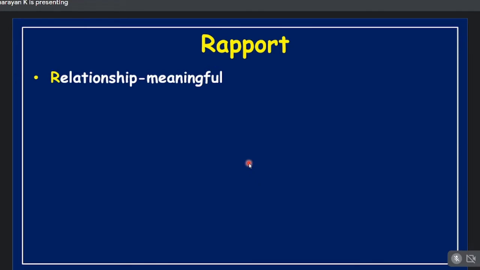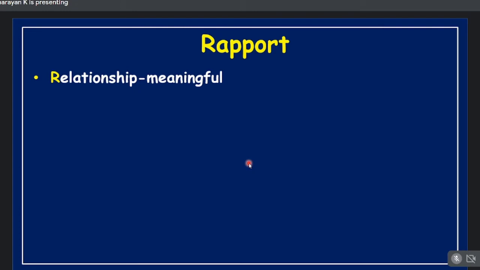Meaningful relationship means a relationship which will be beneficial for both. You enjoy that relationship. We have relationship with many people in the world, but not all our relationships are meaningful. Meaningful relationship can be with a friend. Meaningful relationship could be with a brother. It could be with a sister.